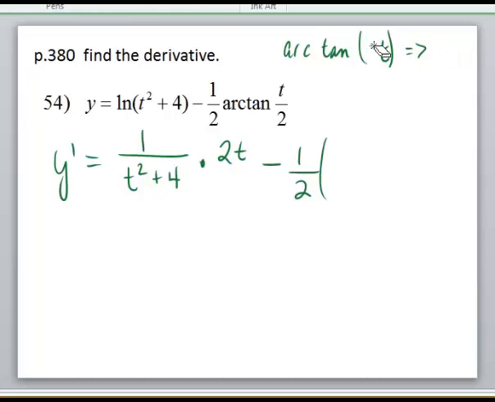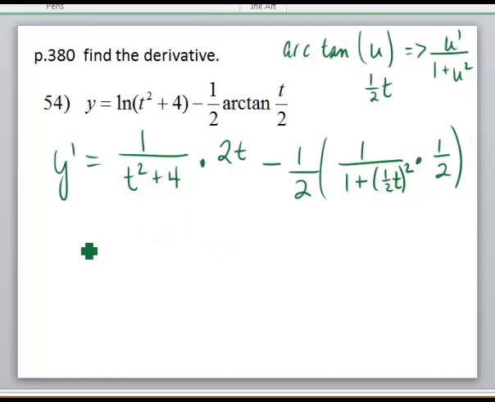let me rewrite this. Let's put u here, and then let's write what u is underneath here. U is that 1/2 t, this part right here. So this derivative would be u prime over 1 plus u squared. So let's take the derivative of that, which you end up getting 1 over 1 plus, remember this is my u, so it's 1/2 t squared, then times, you have to take the derivative of that u, which is 1/2.